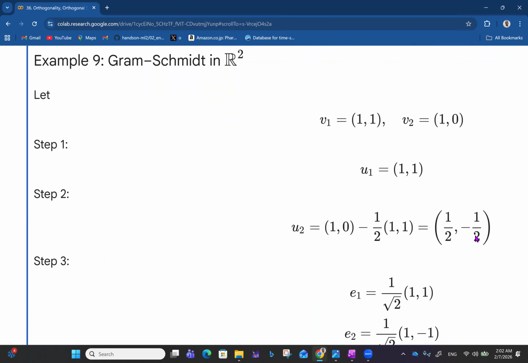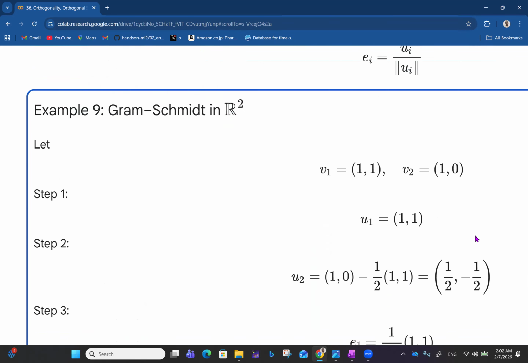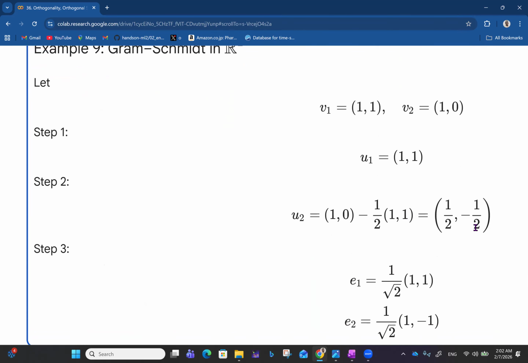The original vector, that's (half, minus half), divided by the norm of that vector. So the norm of this vector is the square root of half squared plus half squared. That'll be 1 over 4 plus 1 over 4, that'll be half. So the square root of half is 1 over root 2, into (1, minus 1). And e2 now is 1 over root 2 into (1, minus 1).